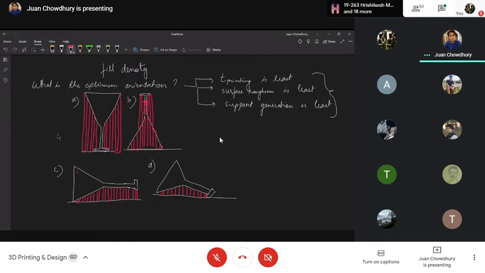C might require support on the inside part. Okay, let's take that into account too. In this case, we would need support. Even so, which one do you consider would be the best one? D, because you have already given your answers.